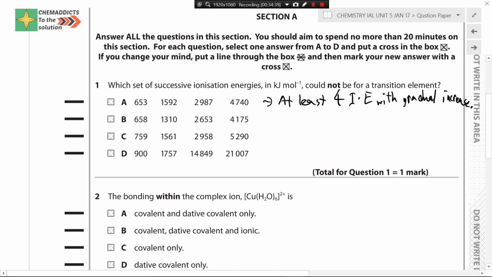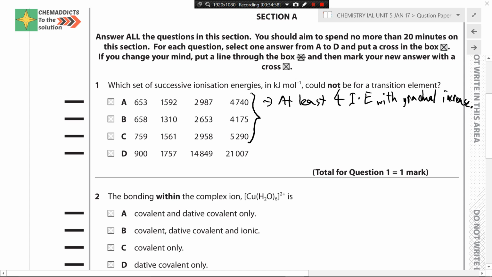You know this by now, but for the sake of understanding, I'm writing this down once again. So let us first find which are the 4 ionization energies with gradual increase.